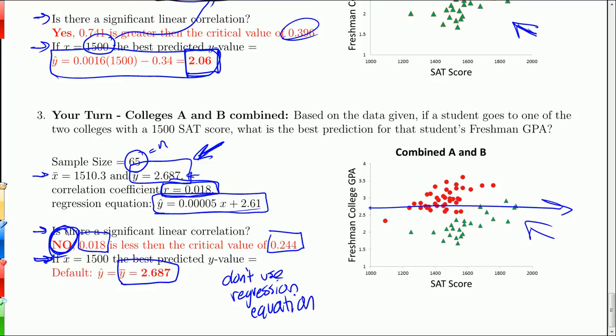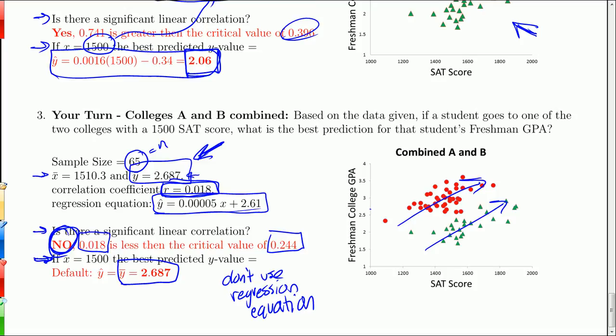Right. So the interesting thing here is called Simpson's paradox, and what that means is that if you look at college A, there's a significant positive linear correlation. If you look at college B, there's a significant positive linear correlation. If you combine them, in a sense, if you average across categories, and when we averaged across categories in Chapter 2, we saw weird things could happen.